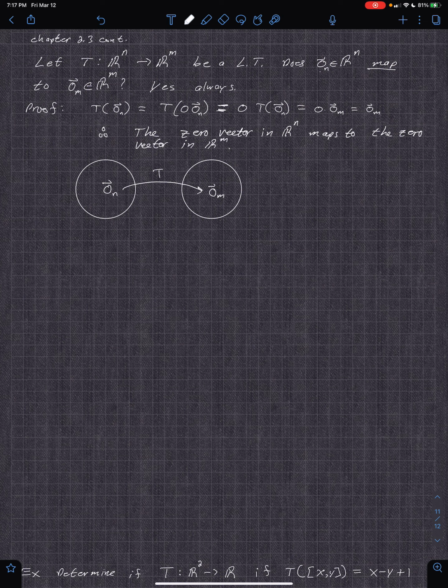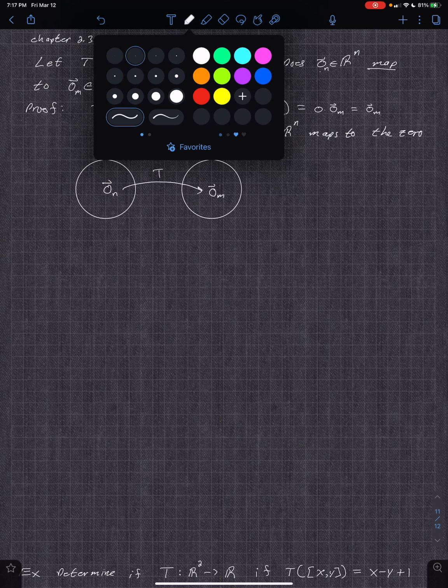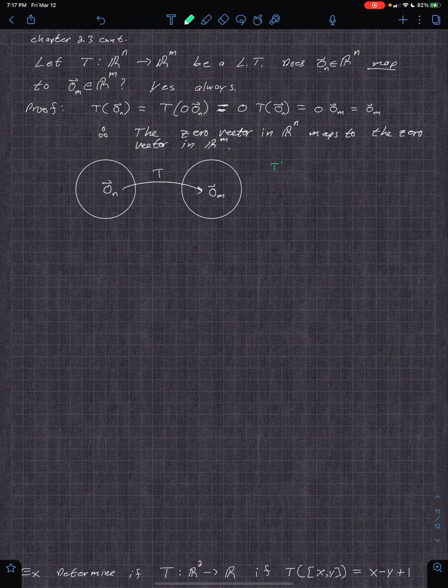Okay, now, and so the point too of all this is that this is something we can check to determine if a mapping is a linear transformation.